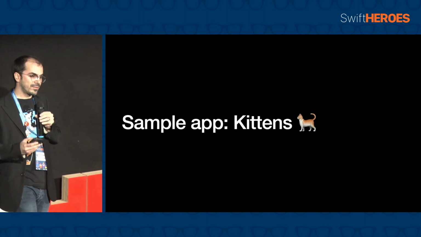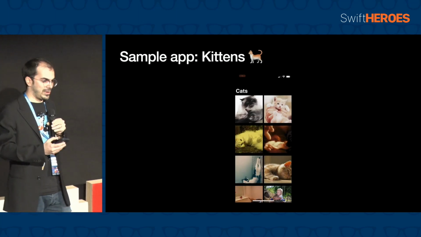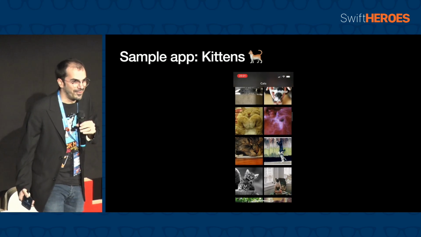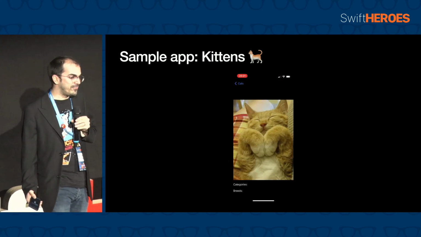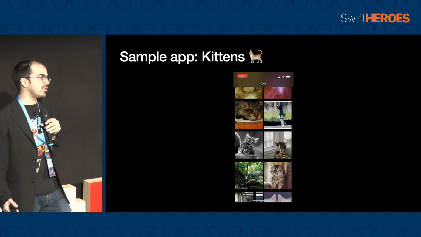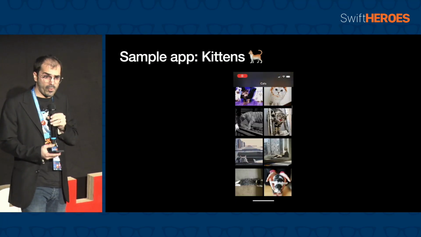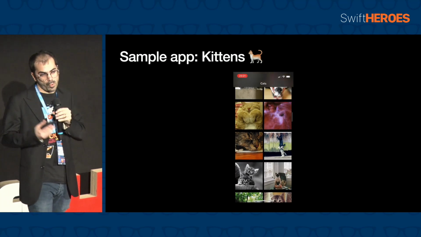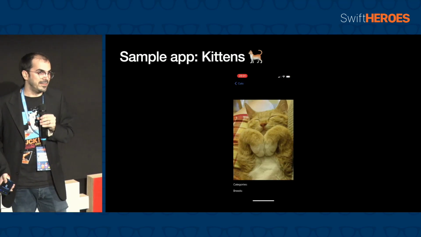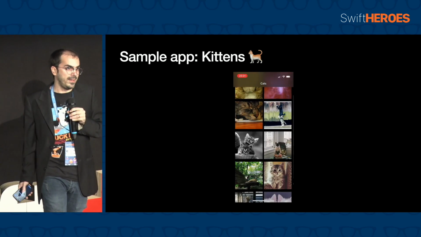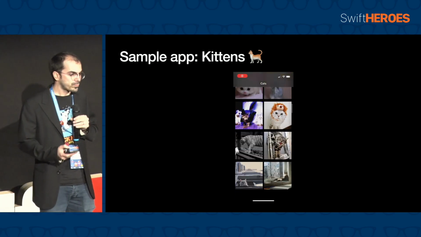So, Kittens is a cute, simple application that shows photos of kittens, of course, and tapping on a photo provides a detail with some information such as the categories and the breeds. As I said before, it's written in SwiftUI. Of course, you can apply the same things to a UIKit application and so on.